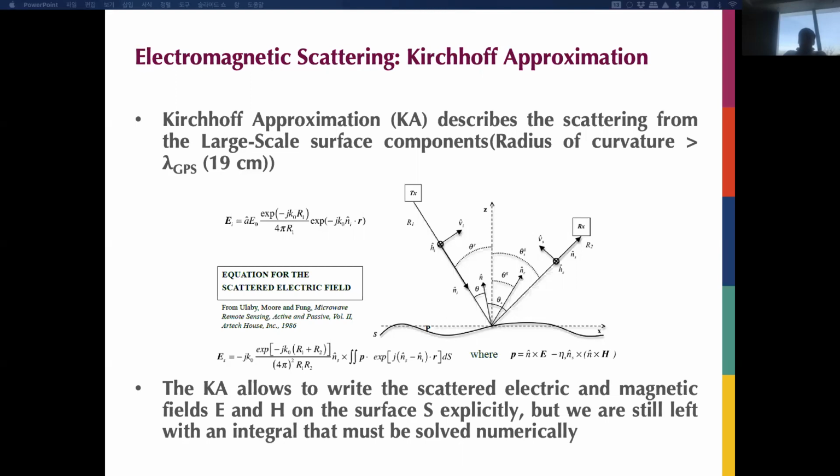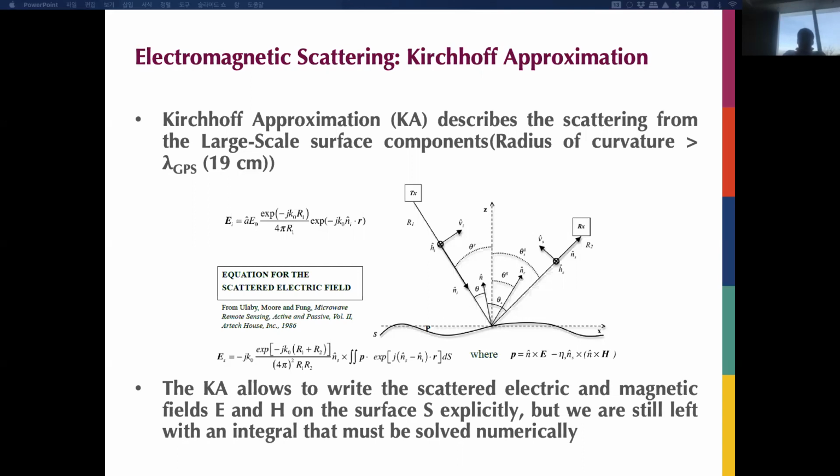For example, the SAR community also uses the Kirchhoff approximation. I heard that the planetary community uses the Hagfors method, which is very similar to the Kirchhoff approximation, to calculate the bistatic radar coefficient.